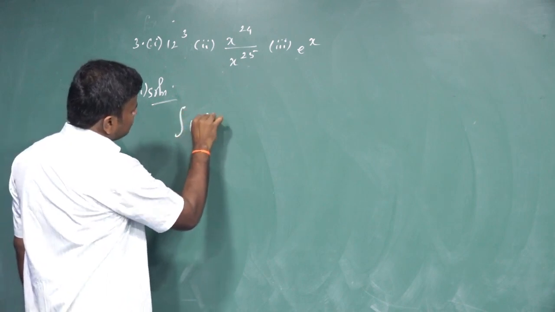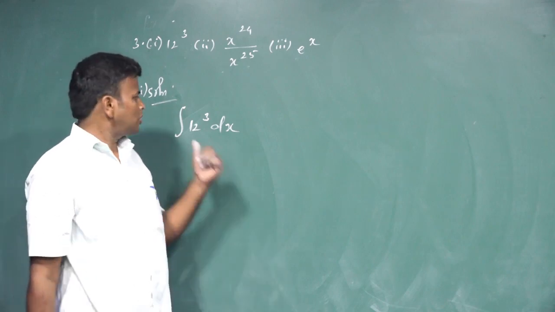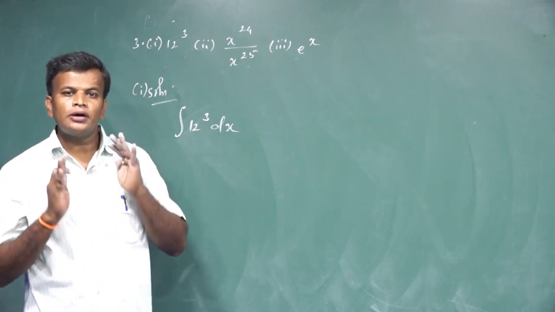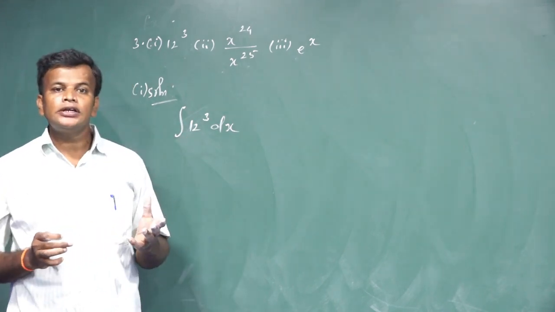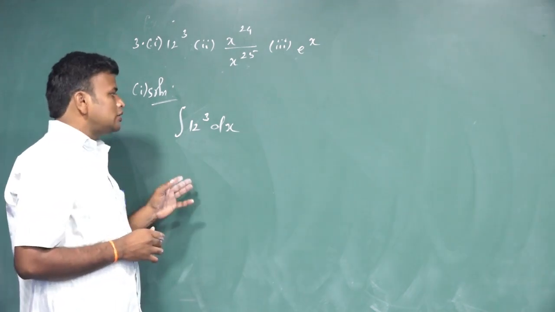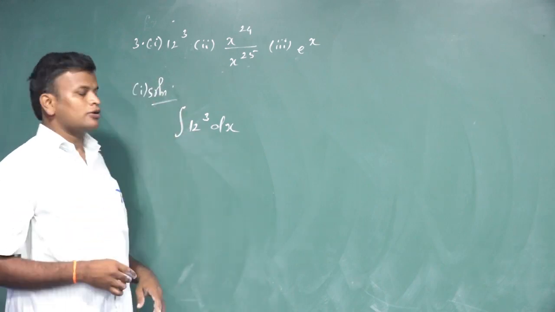integrating of 12 power 3 into dx. Now, are we using the x power n formula here? We don't use the x power n formula because the base 12 is not a variable, it is a constant. Suppose we write it as 12 power 3 plus 1 divided by 3 plus 1, that is entirely wrong.